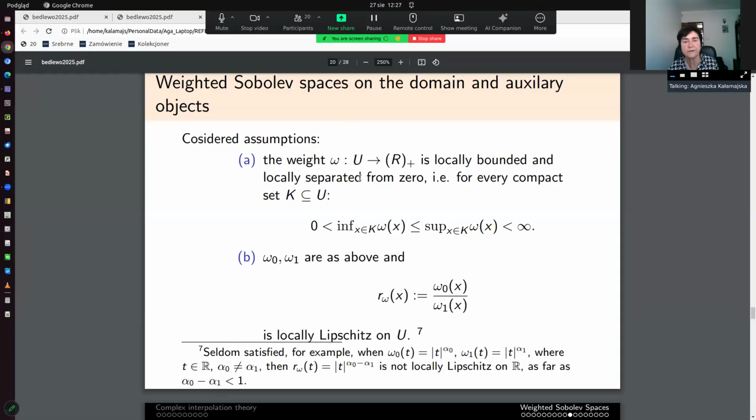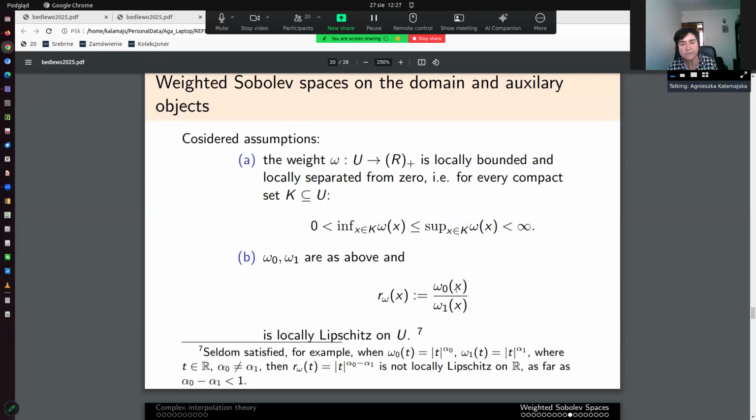Now it's a domain in R^m, and the omega satisfies a boundedness condition: the essential infimum is larger than 0, and the essential supremum is smaller than infinity on compact sets. So it's locally bounded and separated from 0, and only such omegas are considered.